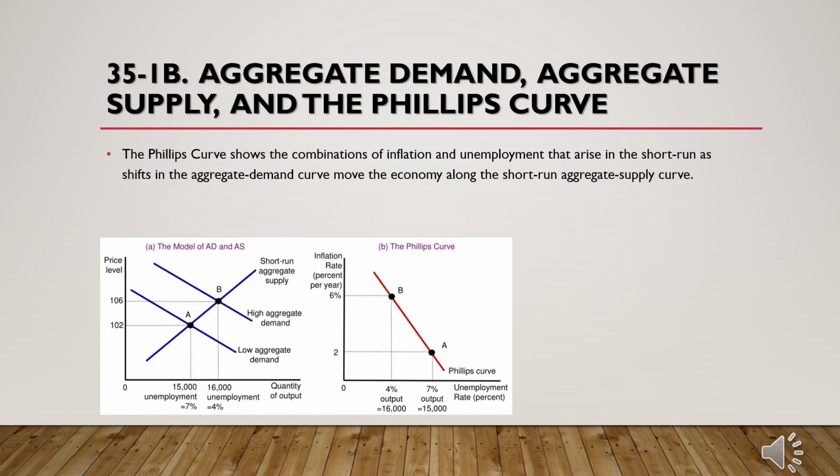So thus, shifts in aggregate demand push inflation and unemployment in opposite directions in the short run, a relationship illustrated by the Phillips curve. To see more fully how this works, let's consider an example.